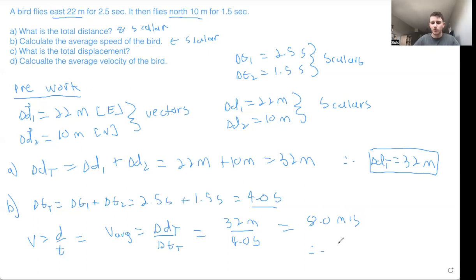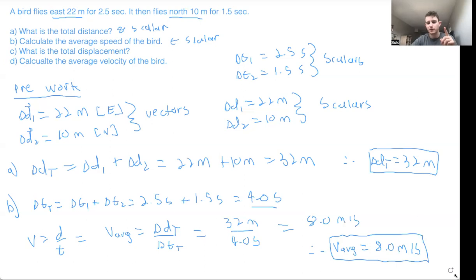So we can write, therefore, the average speed is equal to 8 meters per second. And again, scalar, not a vector, just want the magnitude. We're just saying this bird flew 32 meters, took it 4 seconds, so it had an average speed of 8.0 meters per second. Nice.